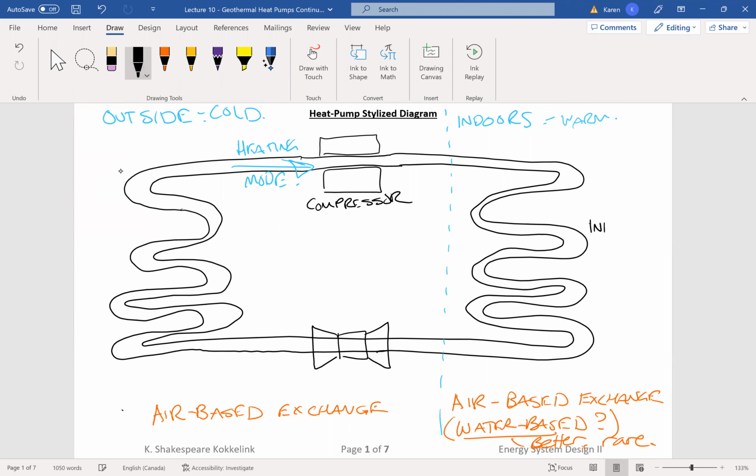Just call this the indoor coil. You tell me what it is. Is it a condenser or an evaporator? Look into the chat window. You should be able to quickly say whether that is a condenser or an evaporator. Yes, that's a condenser.